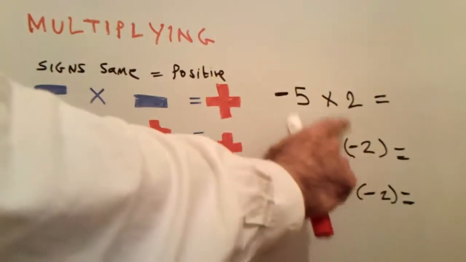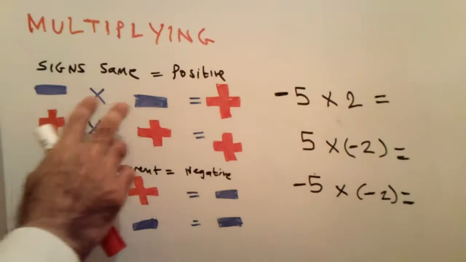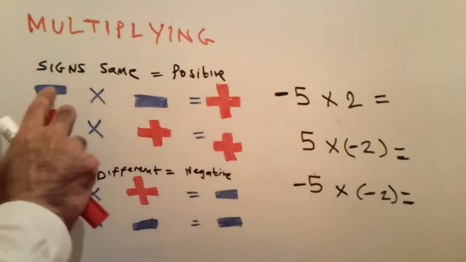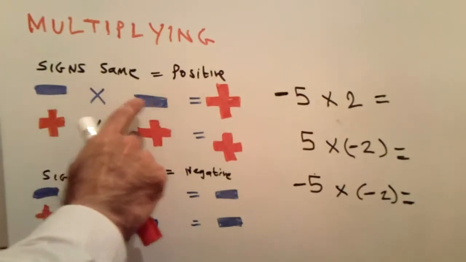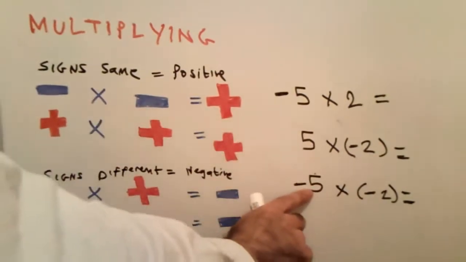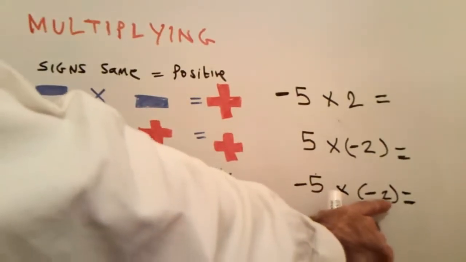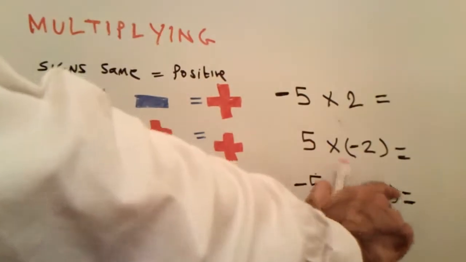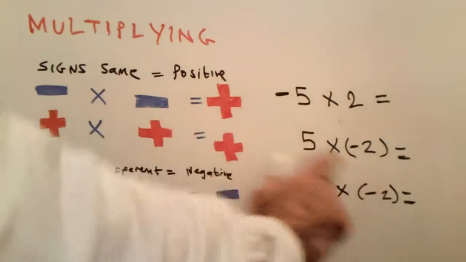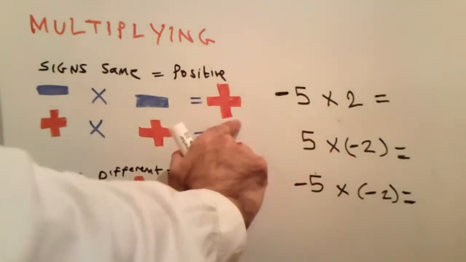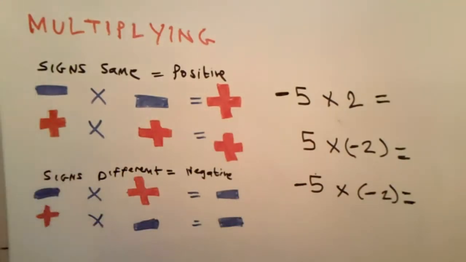It's a multiplier. If we've got a negative number and a negative number, negative 5 and negative 2, and you multiply them together, they become a positive number. So the answer will be positive.